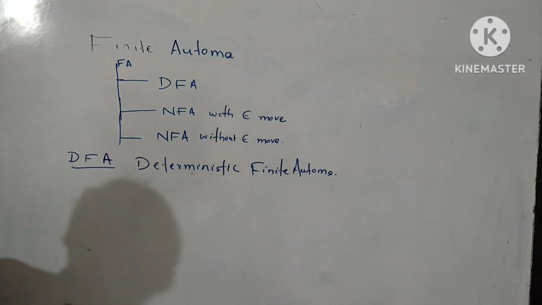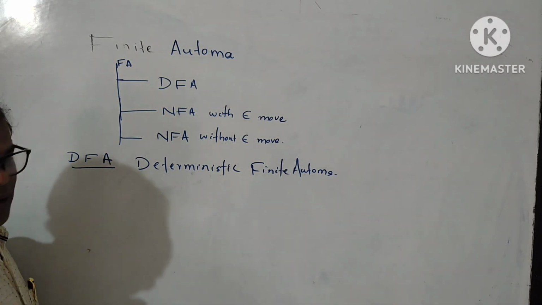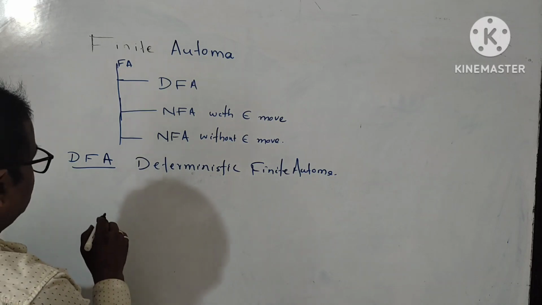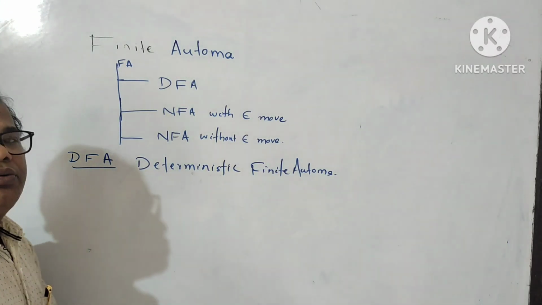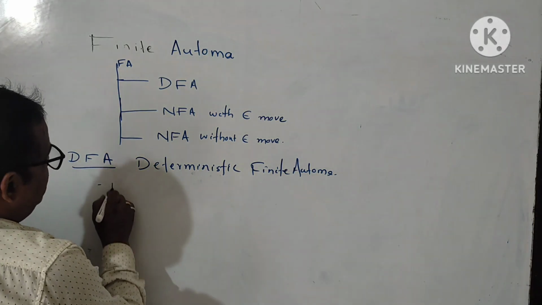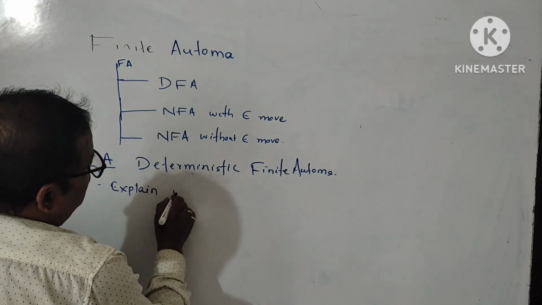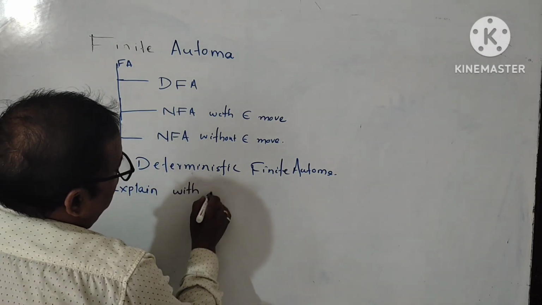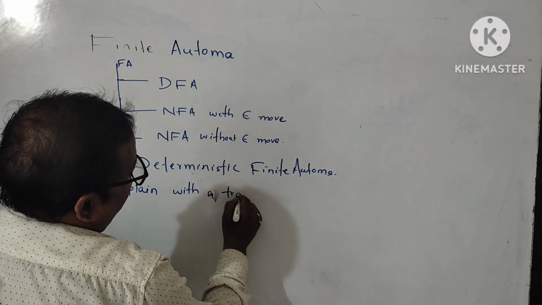Let us understand what this deterministic finite automata is. So let me illustrate with an example to you, explained with a transition diagram.